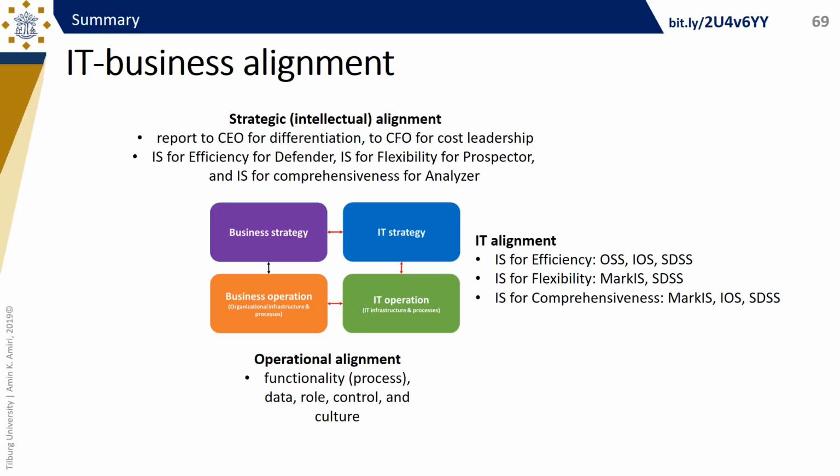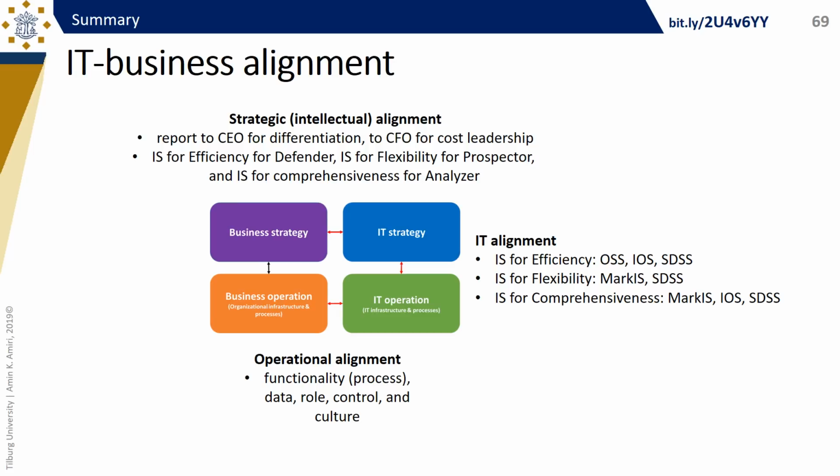Under strategic alignment, we learned that it's better that the CIO report to the CEO if a differentiation strategy is taken. Otherwise, if a cost leadership strategy is taken, it's better for the CIO to report to the CFO.